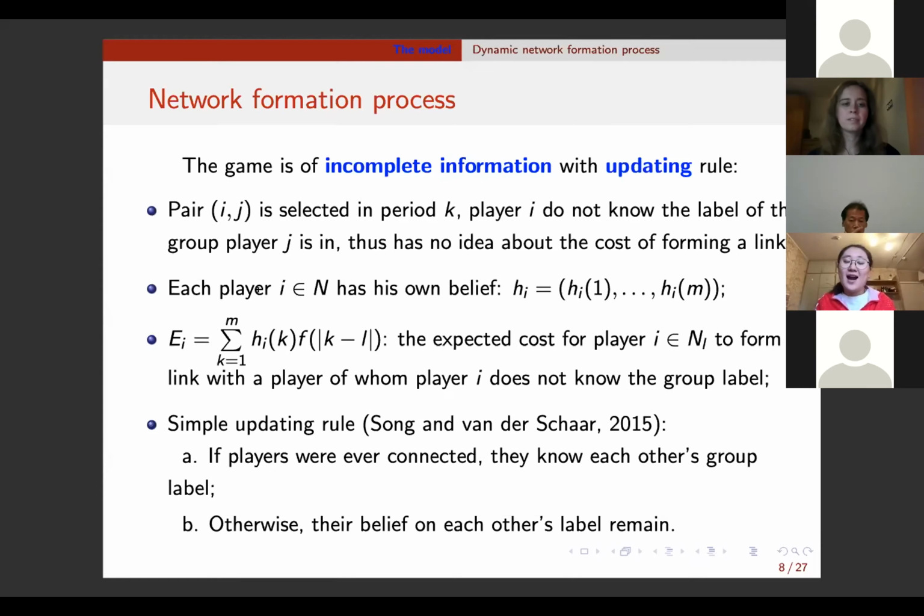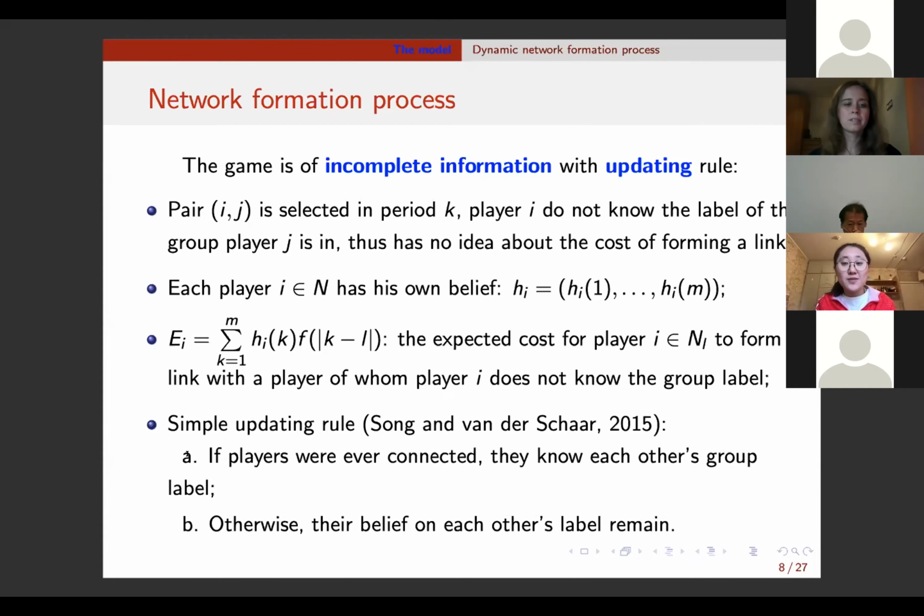For example, player i thinks there is a probability h_i(x) that a player he doesn't know is in group x. And e_i is the expected cost for the player to form a link with a player he doesn't know.